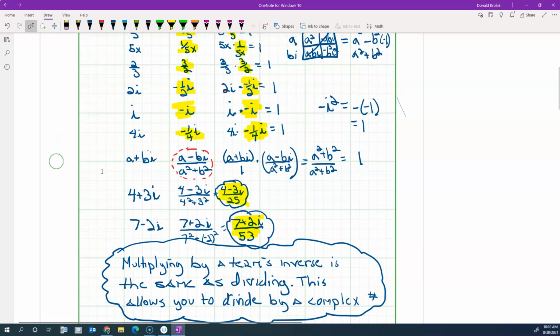So now you can do all the operations. You can add, you can subtract, you can multiply, and now you can divide.